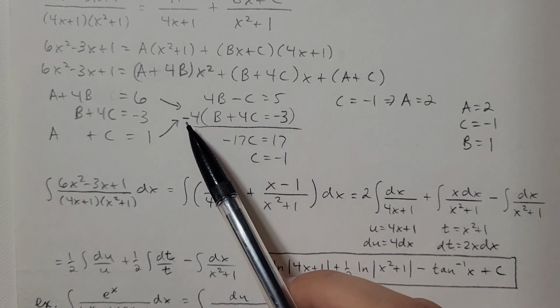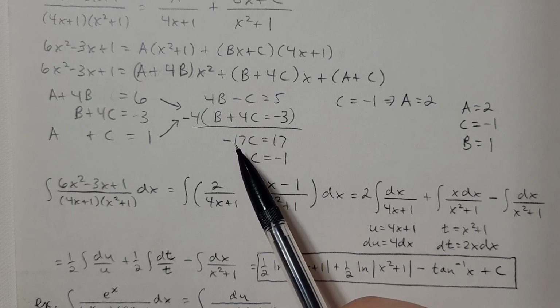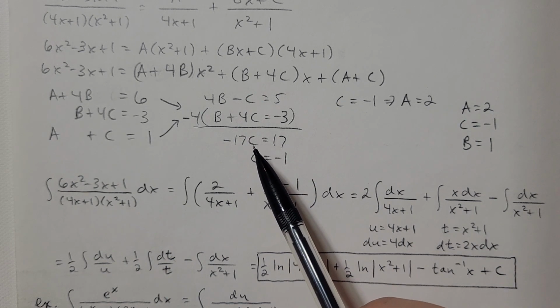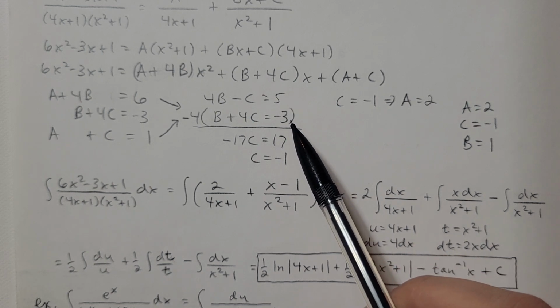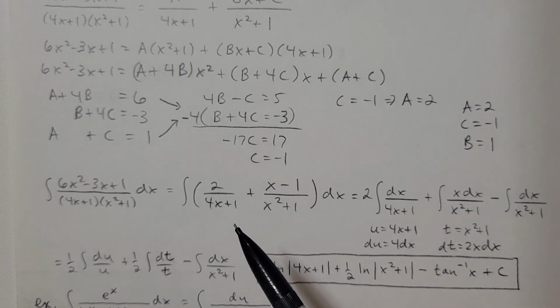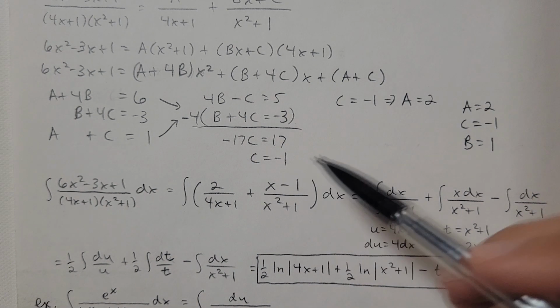Negative c minus 16c, make sure you distribute, that's negative 17c. And then 5 plus 12 is 17. Okay, divide both sides by negative 17, so c is -1.